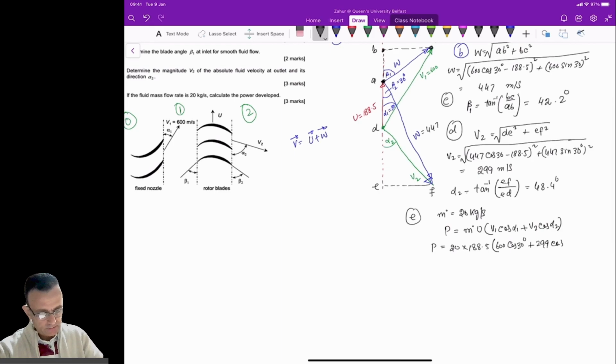So from here you can calculate this value, which will become 2.7 times 10 power 6 watt, or 2.7 megawatt. This is how you will calculate these values here.